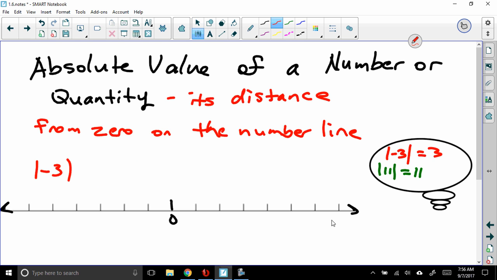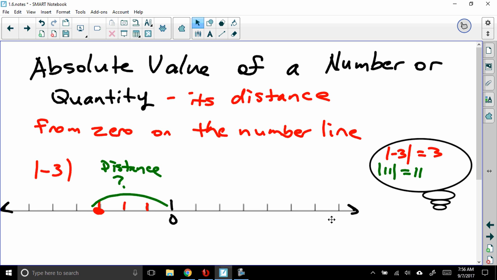What's the distance from here to here? That's what we're really asking when we ask, what is the absolute value of -3? How far away from 0 is -3 on the number line?